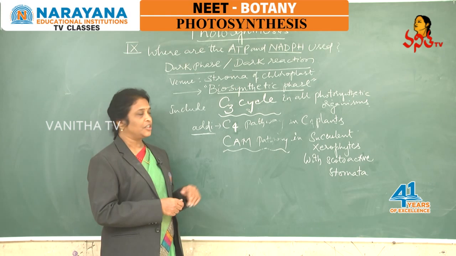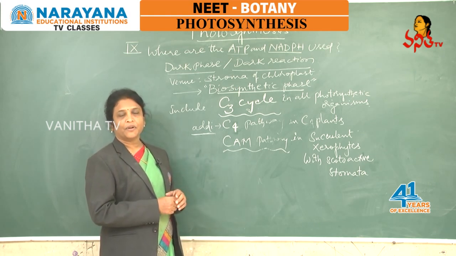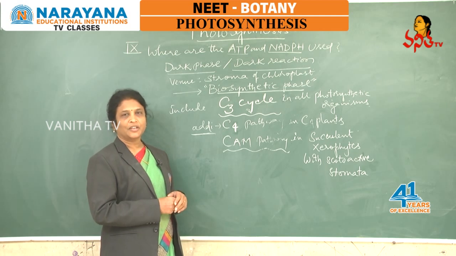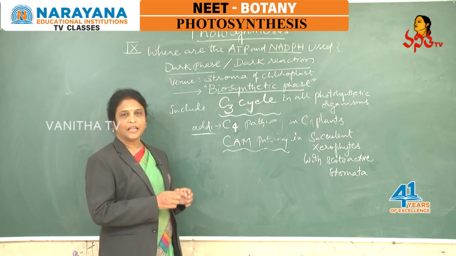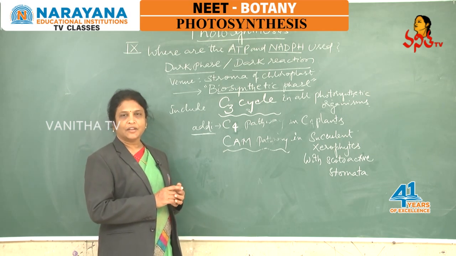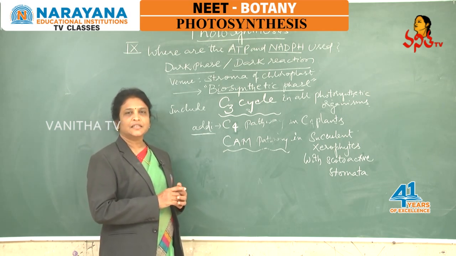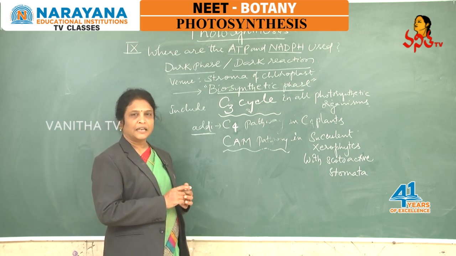Actually, in the previous sessions we followed during light phase reactions, due to the electron transport and proton translocation, ATP and NADPH formation, which can be combinedly referred as assimilatory power. So, we came to know the significance of light phase or light reaction, that is synthesis of ATP and NADPH, which can be referred as assimilatory power.